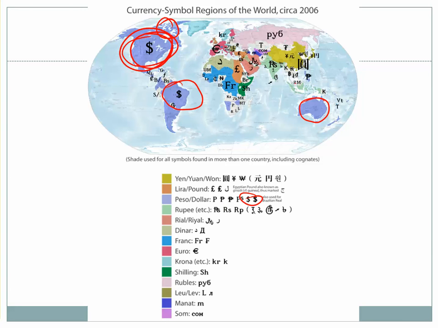And you can see other major currencies are the Chinese yuan, Russian ruble, the euro, kroner, Mexican peso, Argentine peso, and so on. The problem with using symbols to represent currencies is that many symbols are used for many currencies. So the dollar sign could refer to the Canadian, the Aussie dollar, the Brazilian real, and so on.